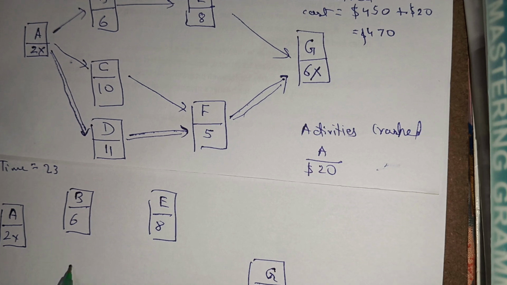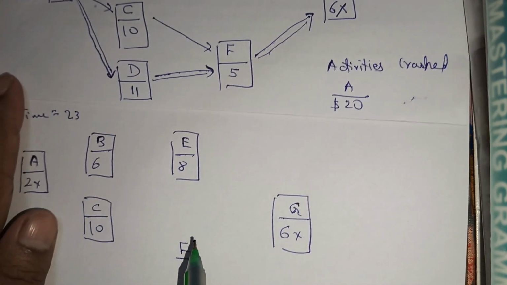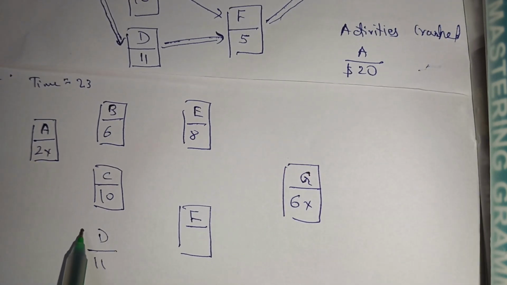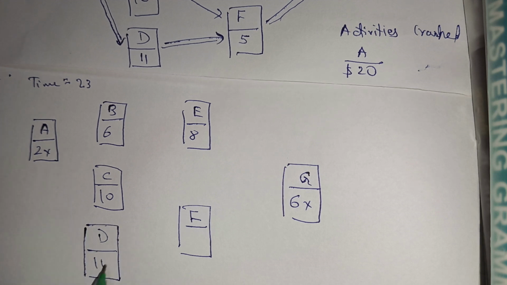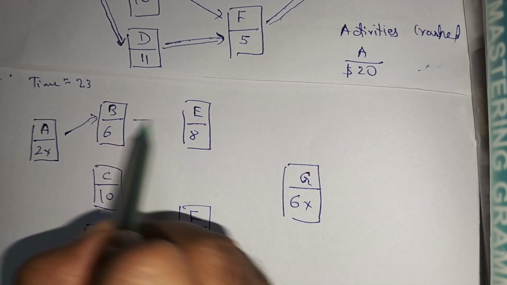Fine. C again is 10. F is something we need to calculate. D again we need to see. D also we should have left blank. I just wrote it. We'll check, otherwise we will overwrite it.